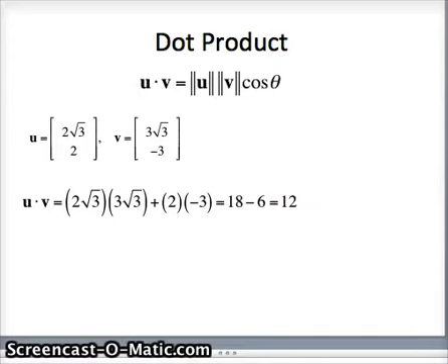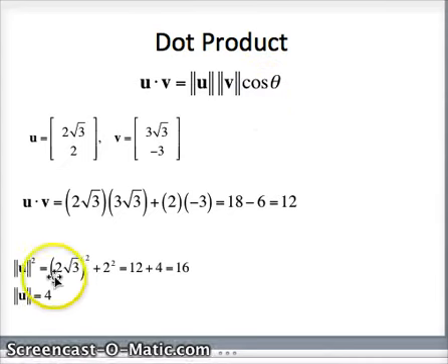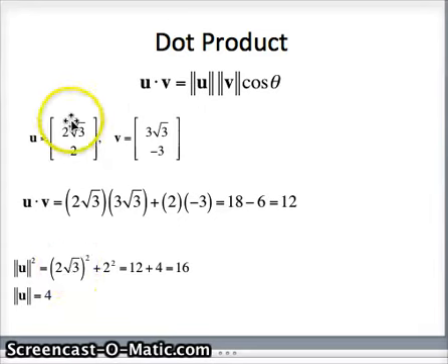But we're not finished. We're going to need to get the magnitude of u and the magnitude of v if we're going to solve for cosine theta. So using Pythagoras, x squared plus y squared is hypotenuse squared. The magnitude of u squared is x squared, 2 root 3 squared, plus y squared, 2 squared. 2 squared is 4, root 3 squared is 3, 4 times 3 is 12, plus 4 is 16, the magnitude of u squared, so the magnitude of u is just 4.